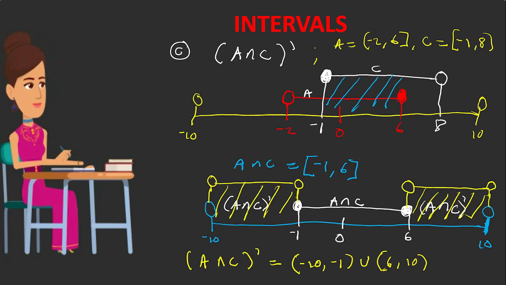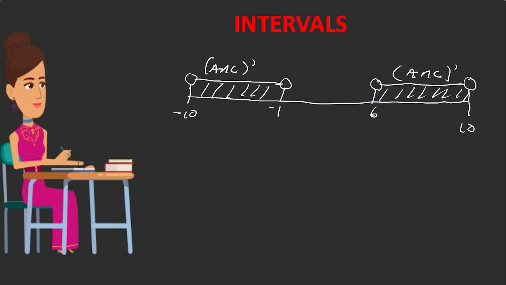That one is also open. You do that, and then you shade like that. If you want, you can shade like that, or you can leave it like that. So this is still A intersection C complement, and that one is also A intersection C complement. So this is the final answer. Any question, ladies and gentlemen?